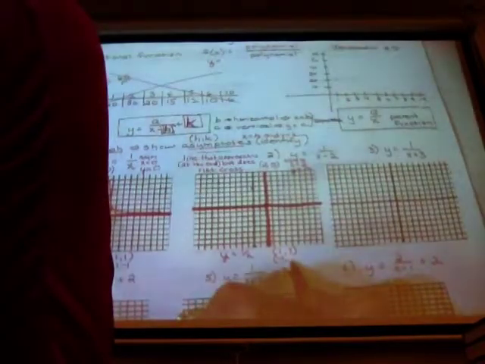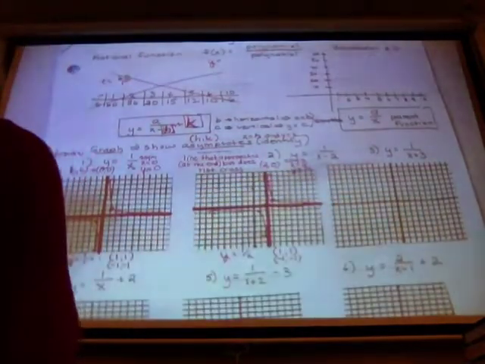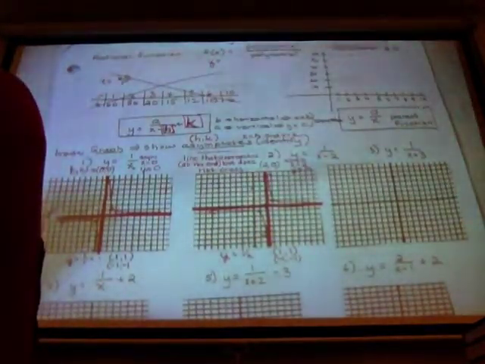So when x is 1, y is 1. And when x is negative 1, y is negative 1. So you have 1, 1, and negative 1, negative 1, and you would have this as your graph. It's the same shape, it just got shifted to the right 2 units.